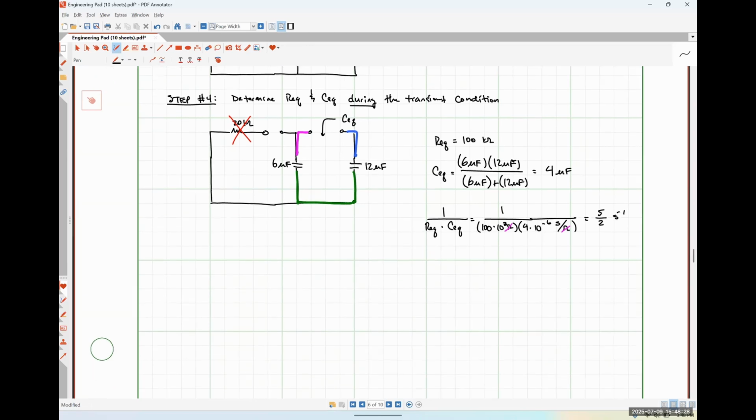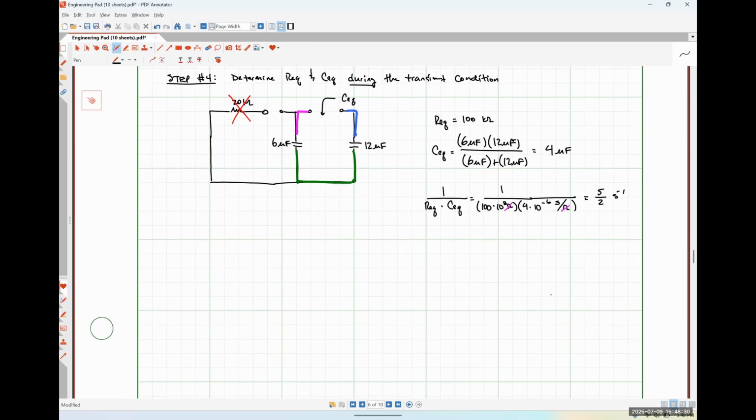So from here, I would go, actually, let me pause very briefly. Does anybody have any problems with how we determined REQ or CEQ for this network? So CEQ for capacitance is parallel for resistors, basically. So capacitors in series combine like resistors in parallel, and capacitors in parallel combine like resistors in series.